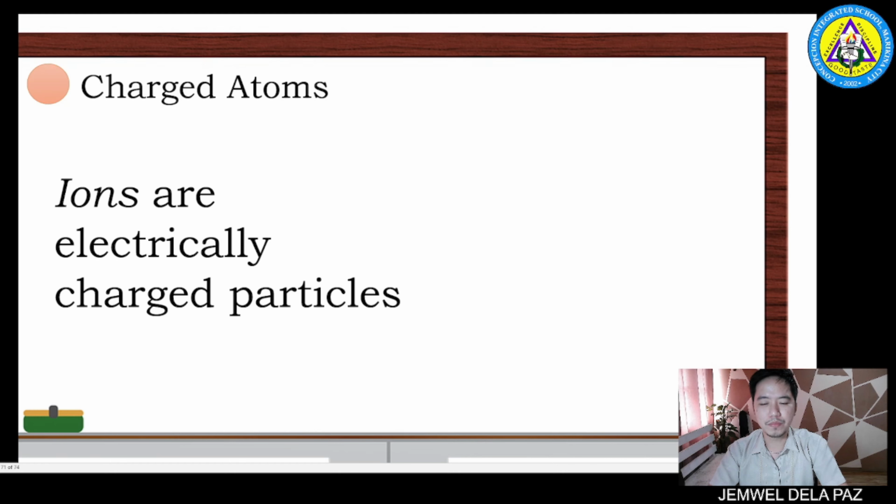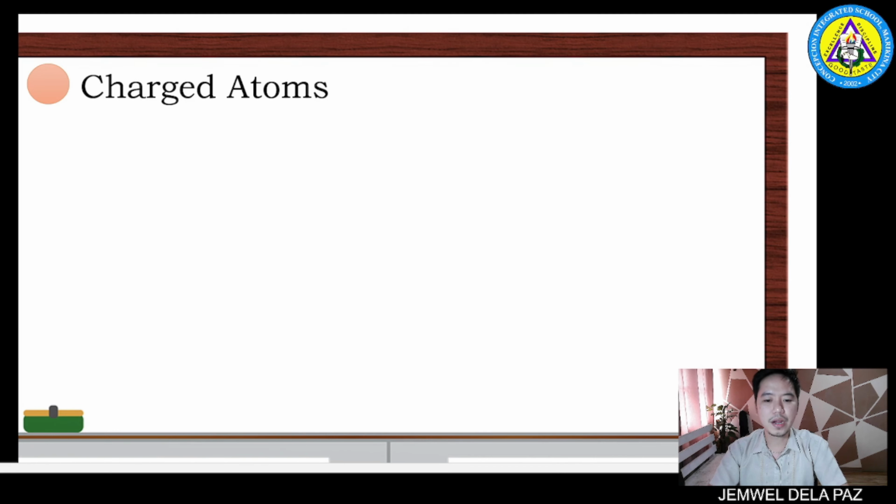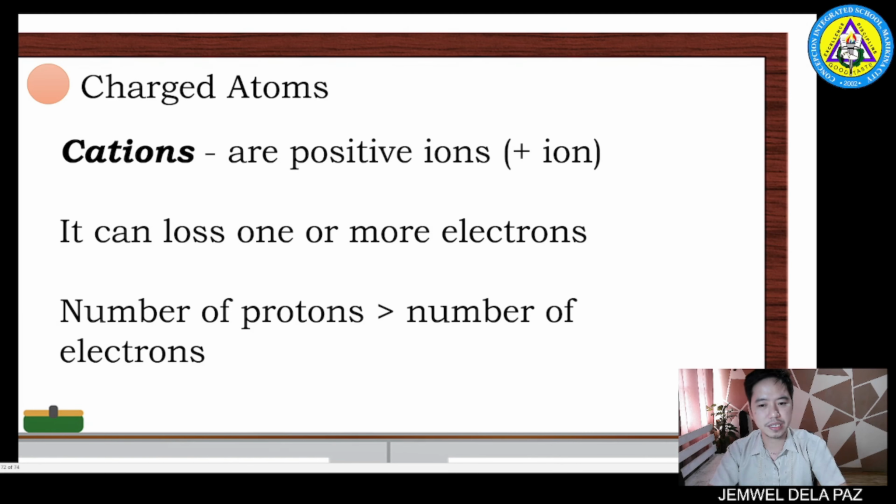Once an atom releases or gains electrons, it is now called an ion. And ions are electrically charged particles. There are two types of ions.